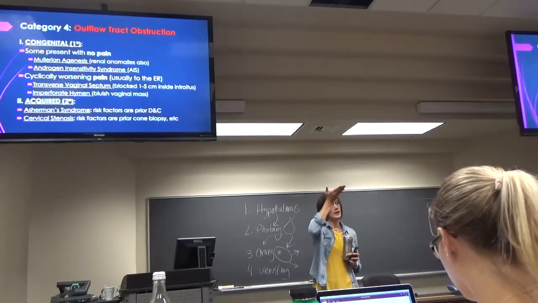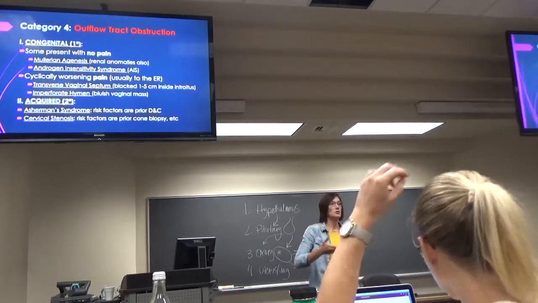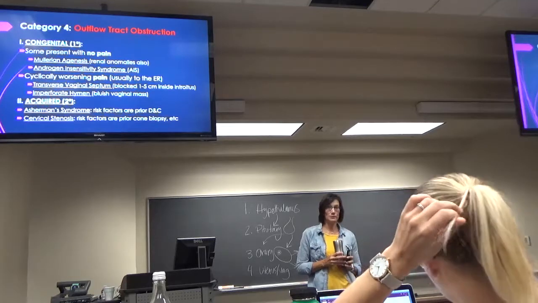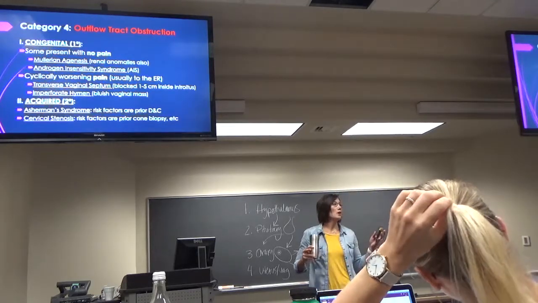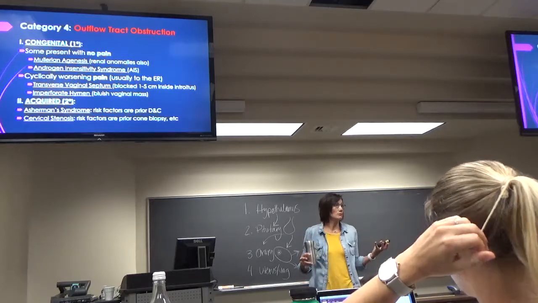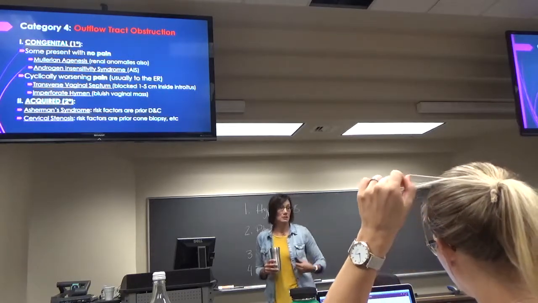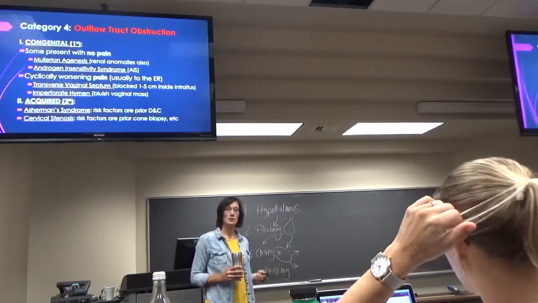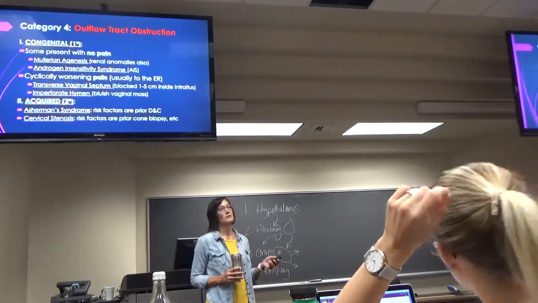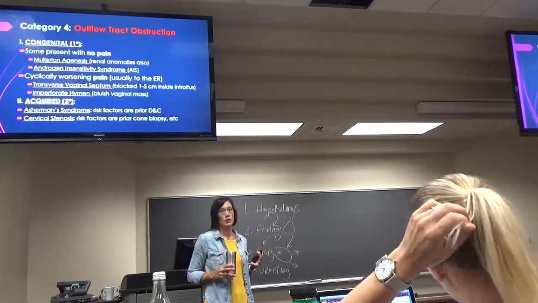That will cause all that sloughing endometrium to just back up into the uterus. Okay? So those are your 2 big acquired causes of amenorrhea in somebody that was having periods and now is not, as far as a physical obstruction, okay?